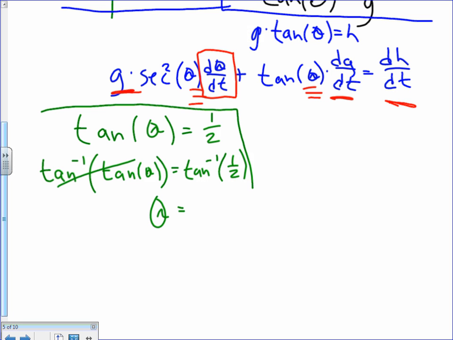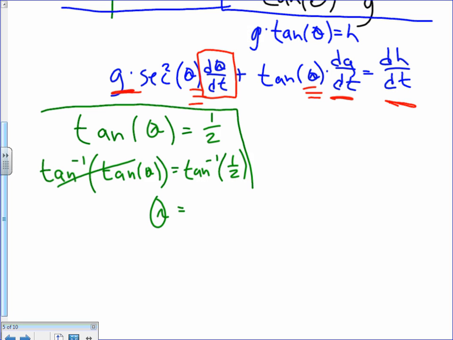Maybe I should convert to degrees and not radians. So if this is in radians, it's times 360 divided by pi. Oh, that didn't work. Well, let's just leave it as that value.